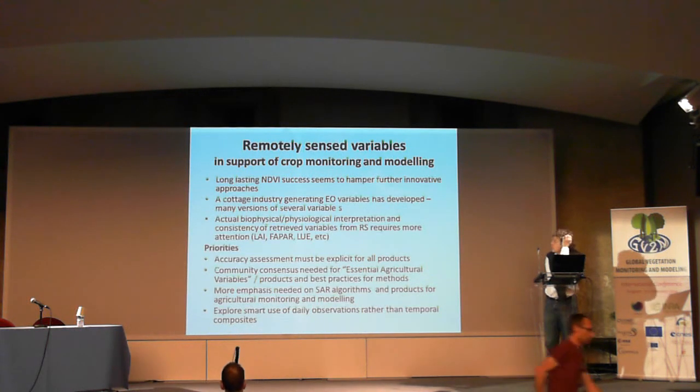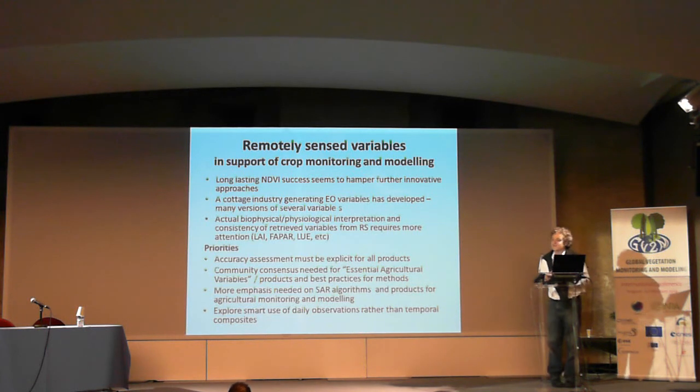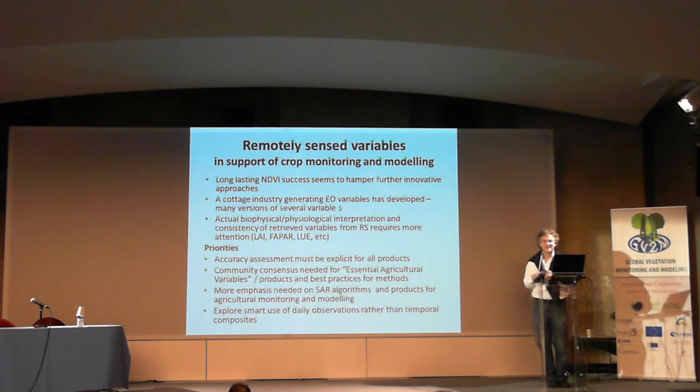Remote sensed variables in support of crop monitoring and modeling. I have to be careful what I say because I'm going to lose some friends, but the long-lasting NDVI success seems to hamper further innovative approaches. That was the way Pierre and I put it. And I think that's true. We got something simple and useful, and people say, well, why didn't you use anything else?